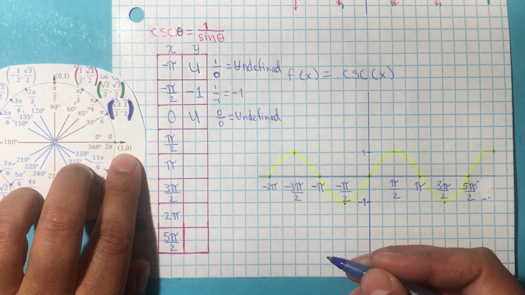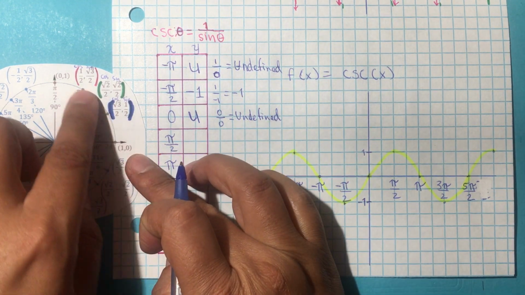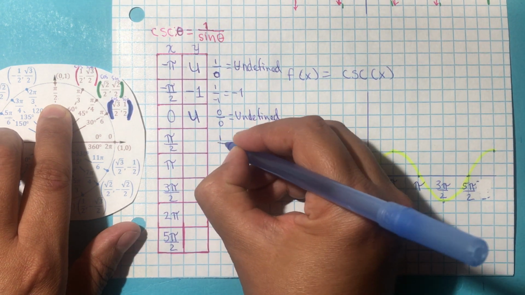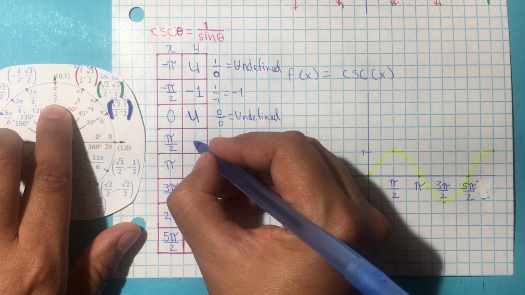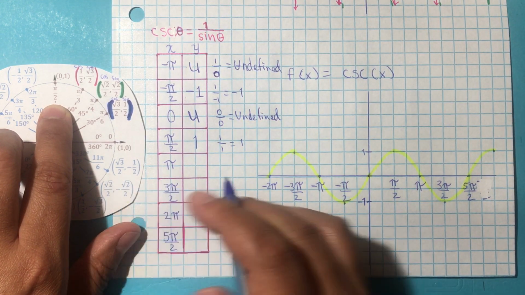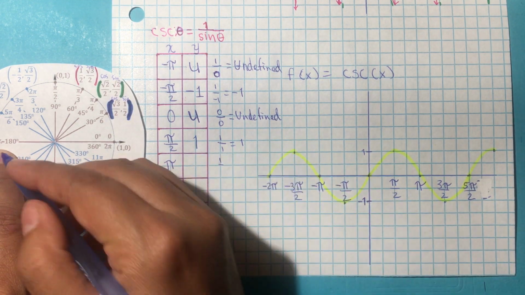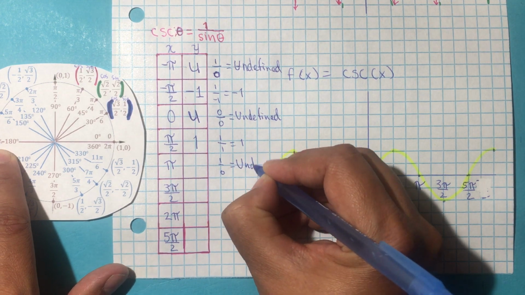And we just put a U. For pi over 2, or 1/2 of pi, it's 1 divided by the sine, which is 1, and so that gives us +1. Pi, it's right here, it's 1 divided by 0, and that's undefined again.